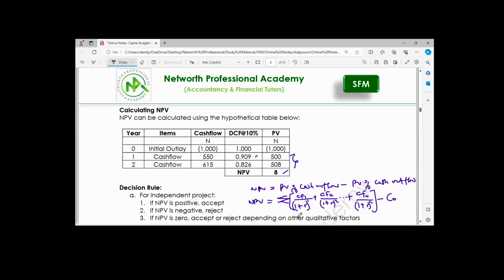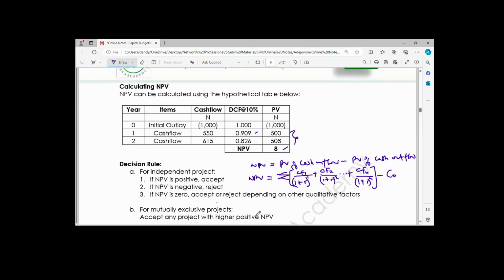If I want to use the formula method, it's the same thing I'm going to get. Using the formula, I would then say net present value, using the formula we have underneath, equals cash flow of year 1, which is 550. I will say 550 divided by the discount factor of year 1.